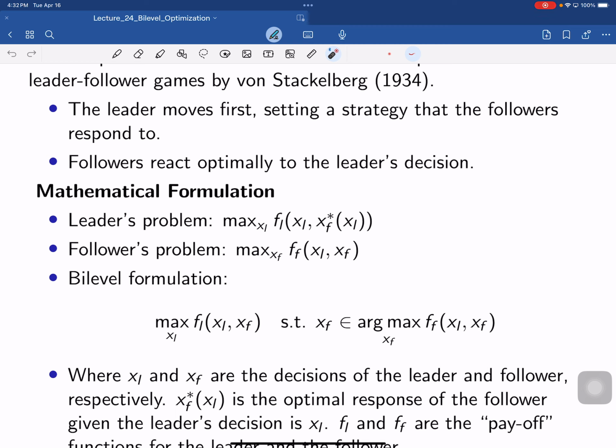The follower's problem is denoted as max over x sub F. After seeing x sub L, the follower will optimize their own utility function f sub F. But when the leader makes their decision, they have to take into account that x sub F, the follower's decision, is the optimal response after seeing the leader's decision. We will come back to this generic framework later on.